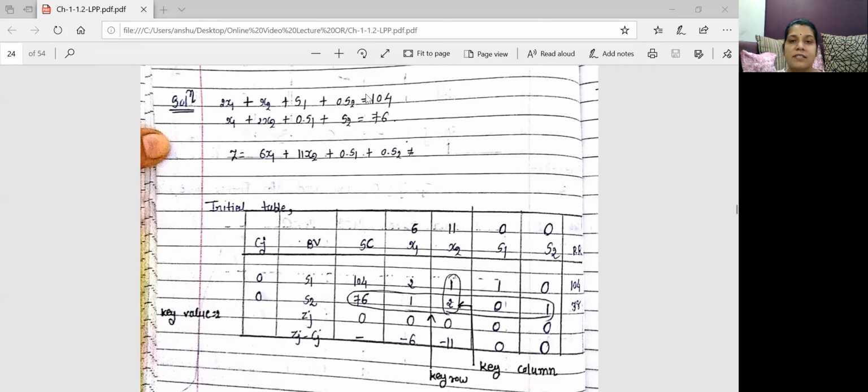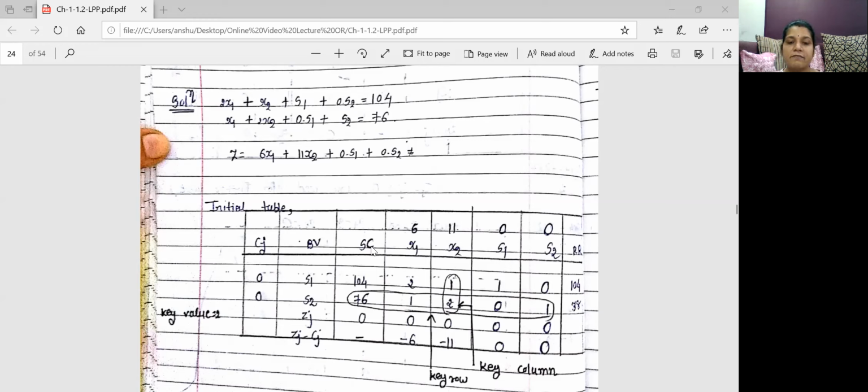The solution constants are 104 and 76. We can't break our sequence in the basic variable. If we use s1 first, then we write s1, and after that s2. And our first equation: the coefficient of x1 is 2, so we write 2, coefficient of x2 is 1, so we write 1, s1 is 1, and coefficient of s2 is 0.